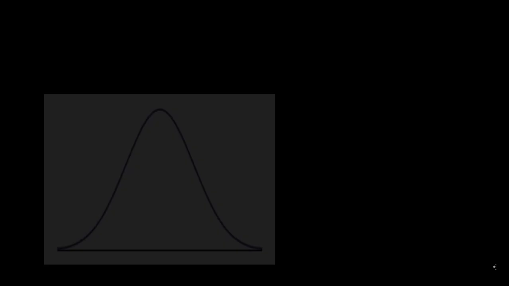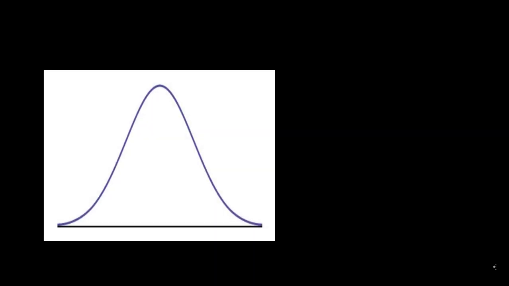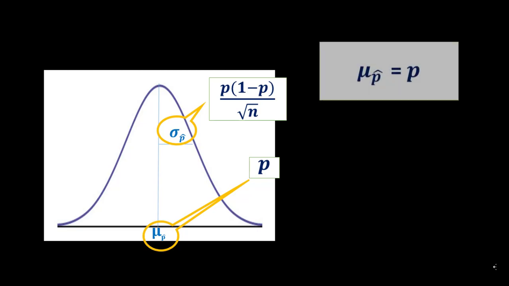The mean of the sampling distribution of sample proportion for this curve is the same as that of the population proportion, and the standard deviation is given by the formula square root of p times 1 minus p over n.